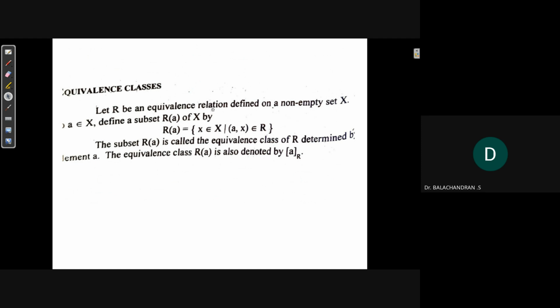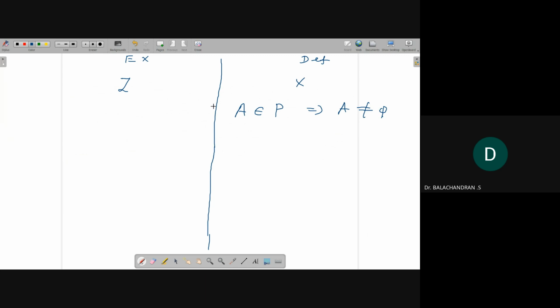Next definition, equivalence classes. Let R be an equivalence relation defined on a non-empty set capital X. A is an element of capital X. Define a subset R of A of capital X by R of A is equal to the set of all x in capital X such that this A and the element x should be related.